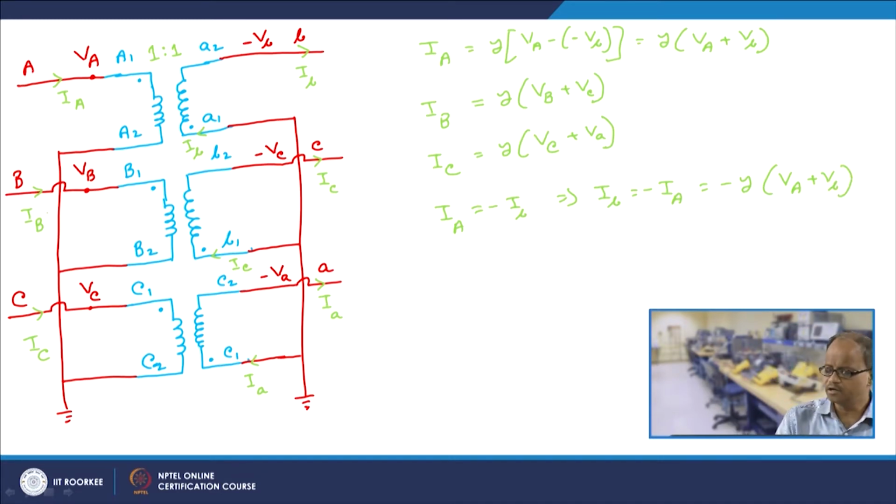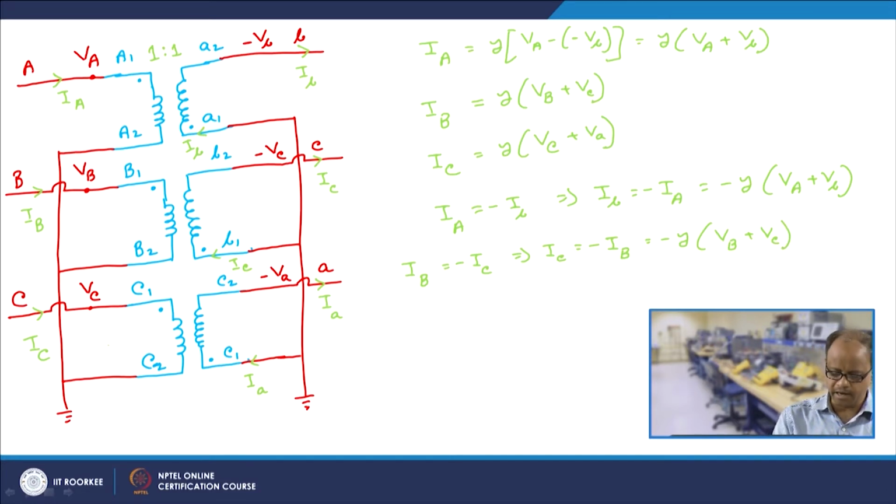Similarly, I can write down that I capital B is equal to minus I small c, so I c is equal to minus I b, and minus I b is equal to minus Y into (V b plus V c).